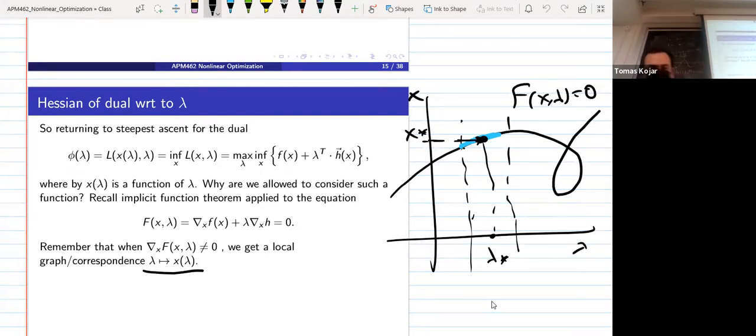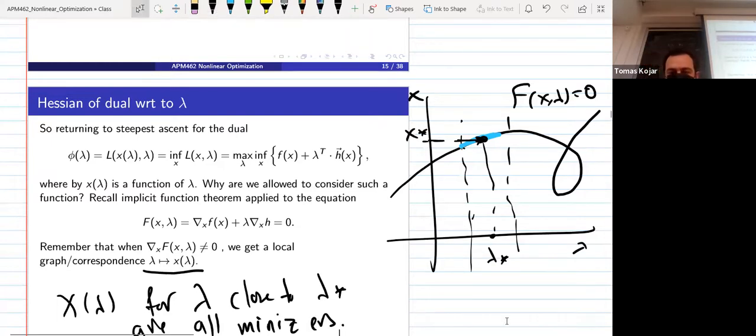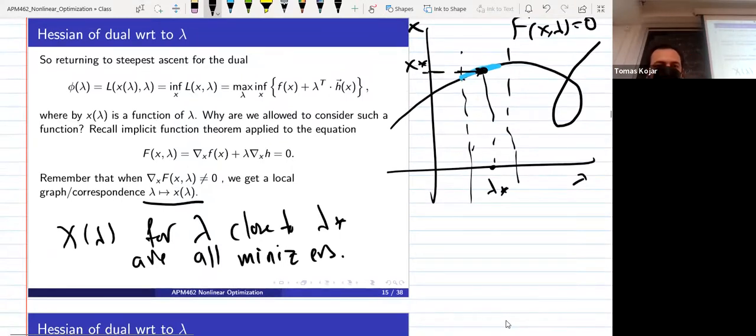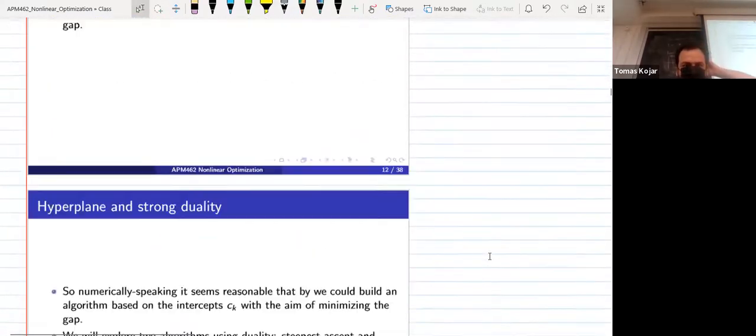Okay, so why is this cool? Because it says that x of lambda for lambda close to lambda star are all minimizers. So as you move lambda around, you get a continuously changing minimizer. Didn't I do this before? Yeah, I did. Let me go back to my example, so we don't talk in generalities.